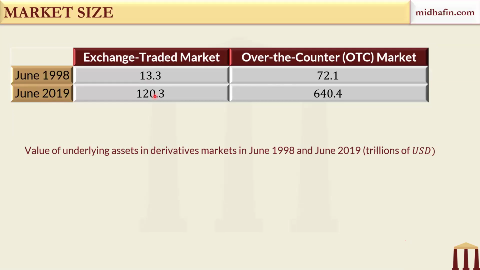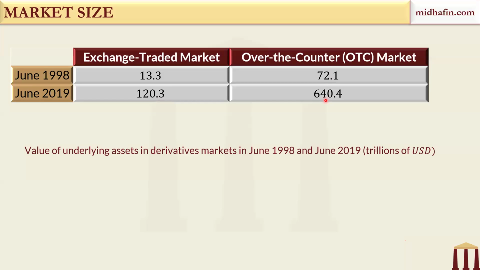Similarly, in over-the-counter markets as well, the growth is remarkable, from 72.1 trillion dollars in 1998 to a staggering figure of 640.4 trillion dollars in 2019. So you can say that OTC markets play a very dominant role in the derivatives landscape.